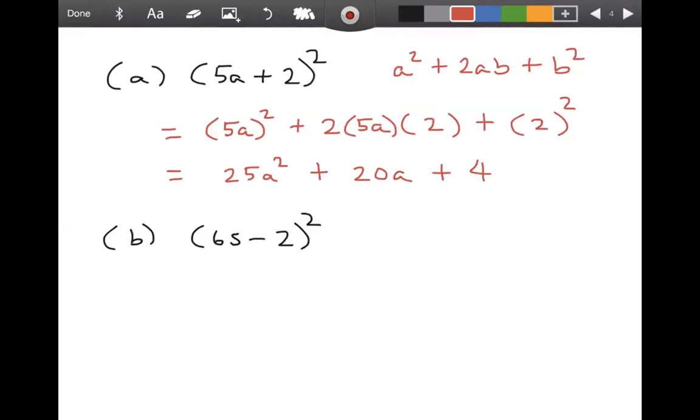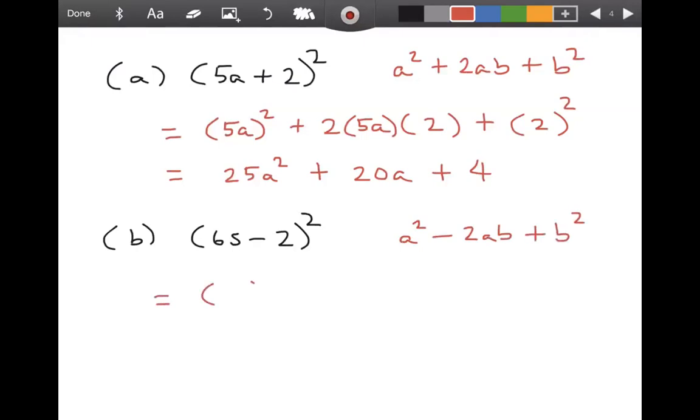As usual, at any time when you want to try a problem ahead of me, just pause the video, try the problem, come back and compare notes. So maybe you'll do that with letter B. The main thing I want to point out about letter B is that because we're squaring a difference this time, the pattern is a squared minus 2ab plus b squared.